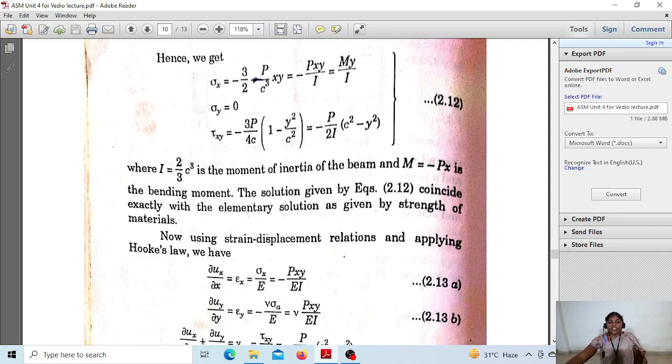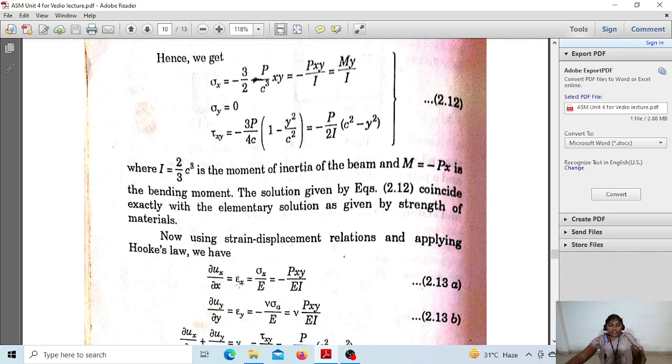If you know the strain, you will know the displacement, because strain epsilon x is equal to dou u by dou x, where u indicates displacement in the x direction, with respect to x. Let us take, we want u of x, that is the displacement. We know that dou u by dou x is equal to epsilon x.